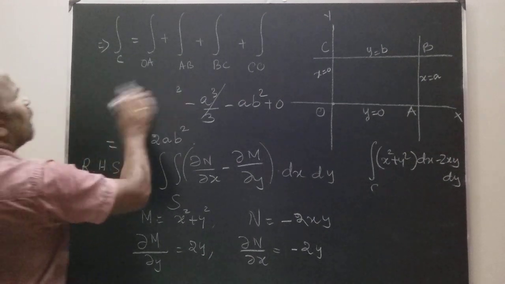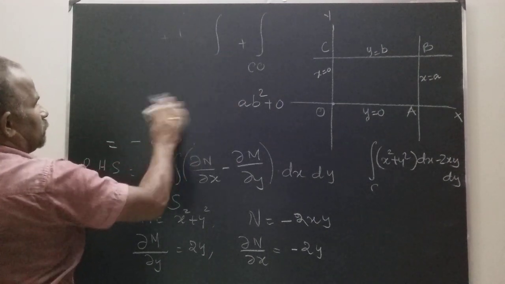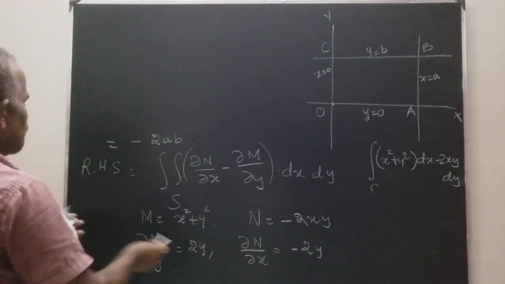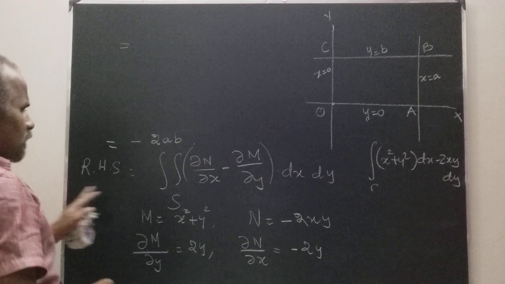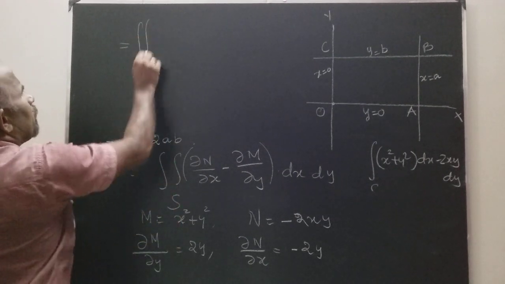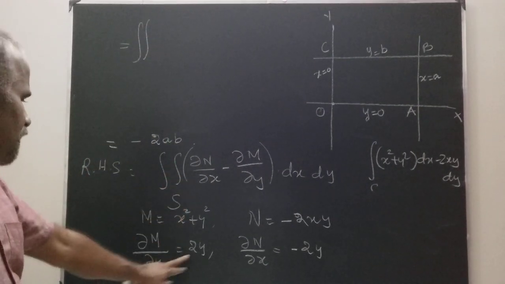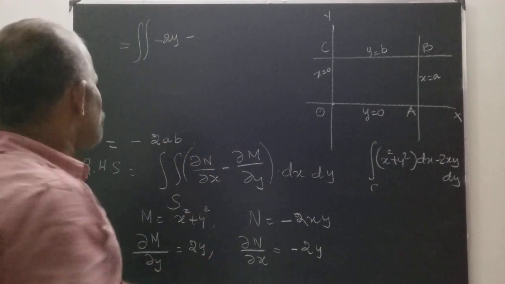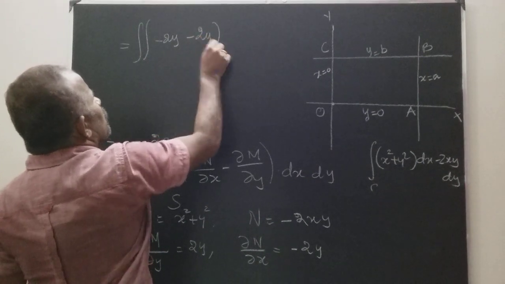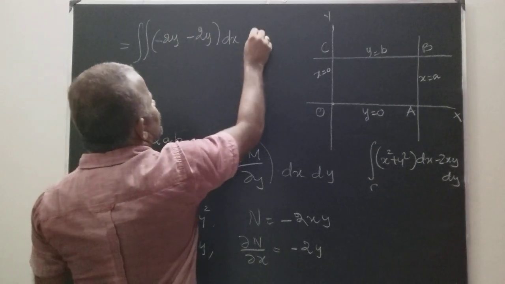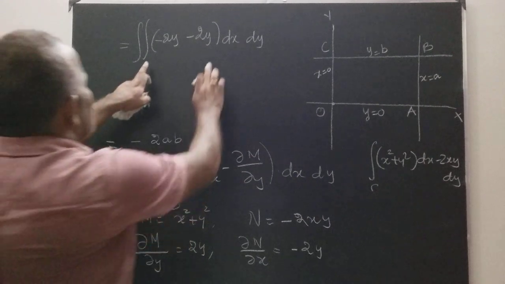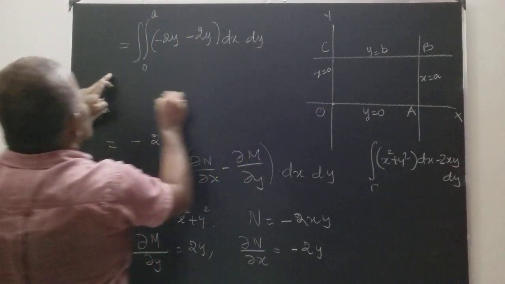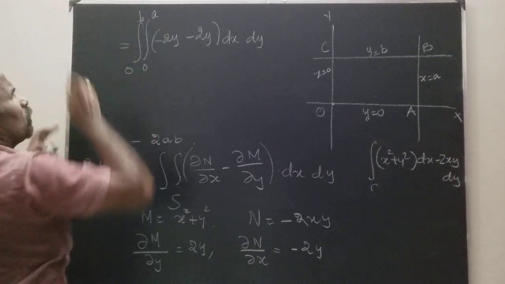Therefore the double integral is dou N by dou x, which is minus 2y, again minus 2y, into dx dy. Here x varies from 0 to a, y varies from 0 to b.